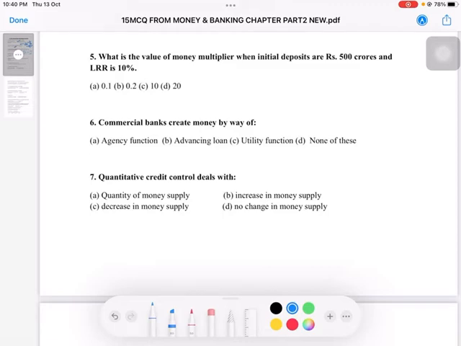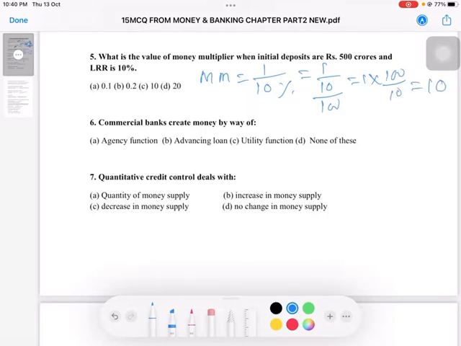So credit multiplier or money multiplier, you know it is 1 by LRR, that is your 10%. 1 by 10 by 100. So 1 into 100 by 10 is equal to 10. So 10 is the right answer, option C.